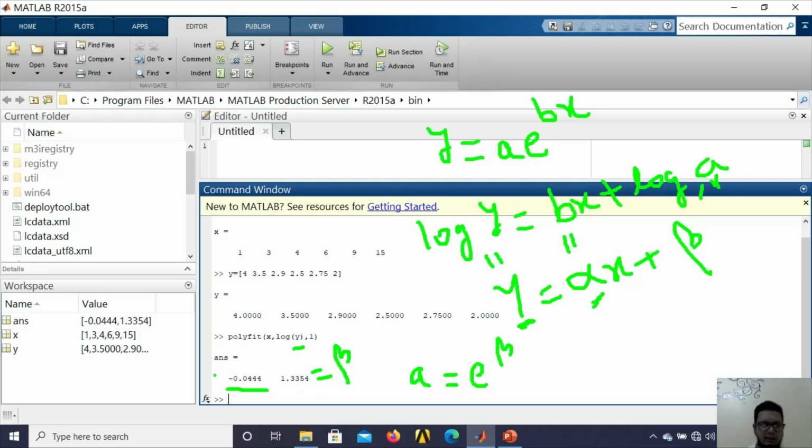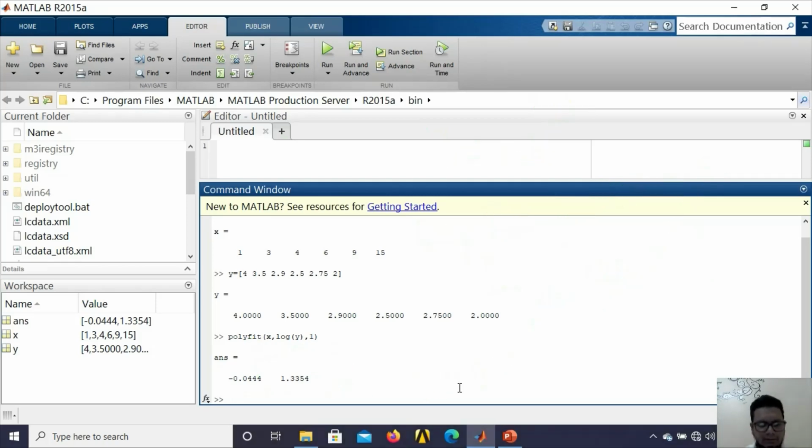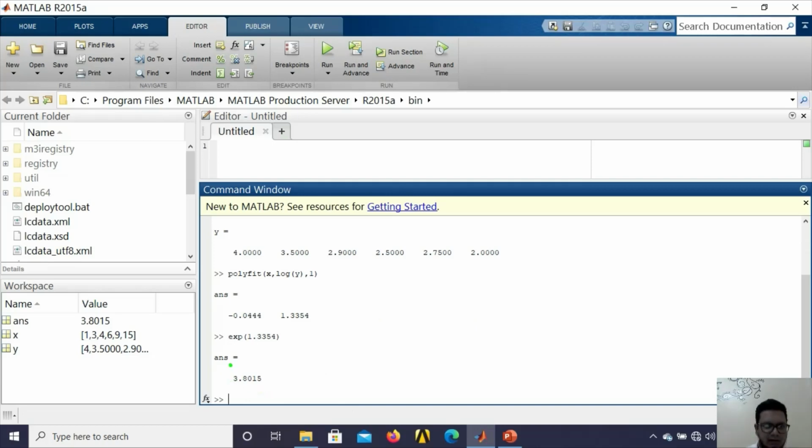So minus 0.044 is your b, because alpha is your b, whereas the other value is beta. Now a is exp of 1.3354, and if I press enter, you can see the value of a is 3.8015 and the value of b is minus 0.0444.